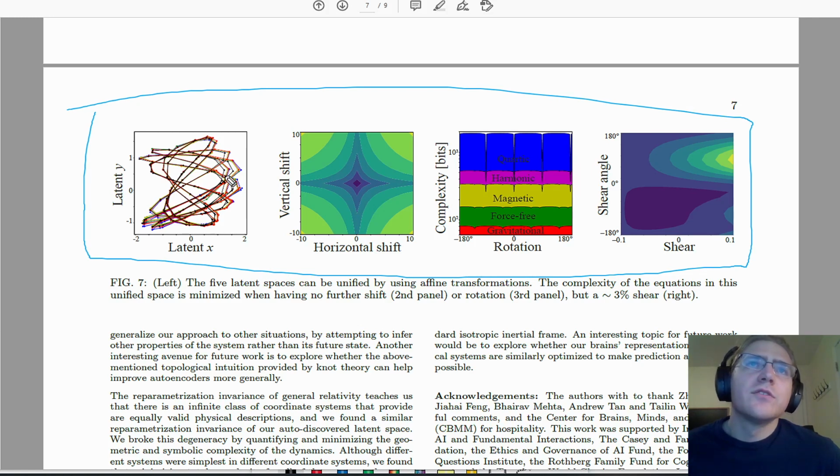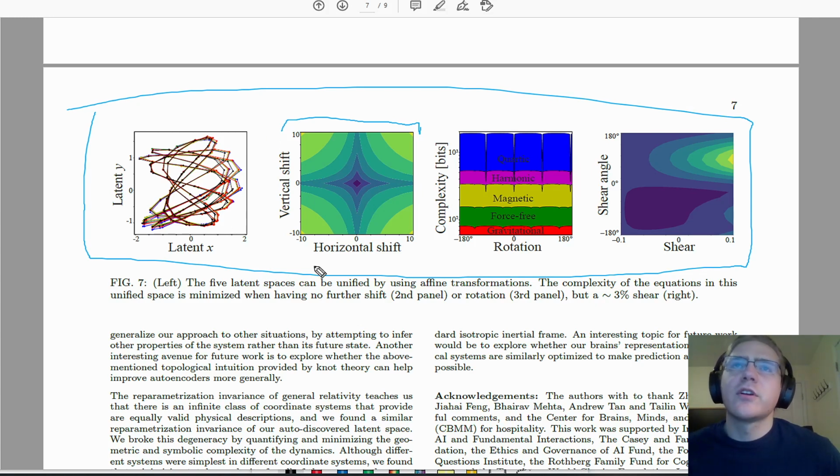So these are different latent representations from the 5 different equations of motion that they were learned with, and then they have these different sub-affine transformations. Affine transformations are like the set of conformal transformations plus another couple things.